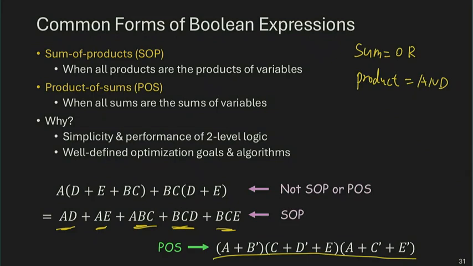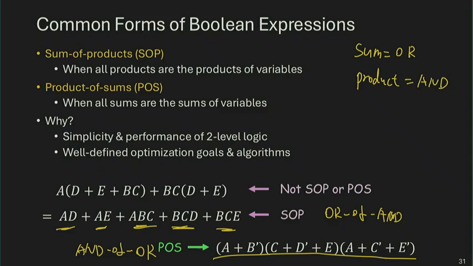Right? These can also be called OR of AND or AND of OR expressions. And as it turns out, you can represent any Boolean expression in this form. You can convert any Boolean expression into either of the two forms.